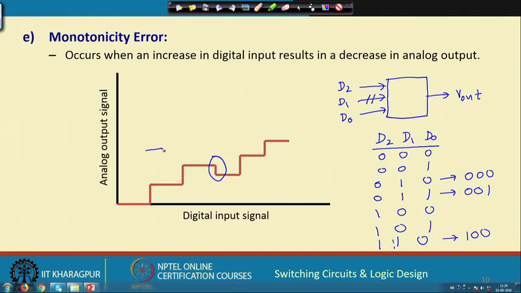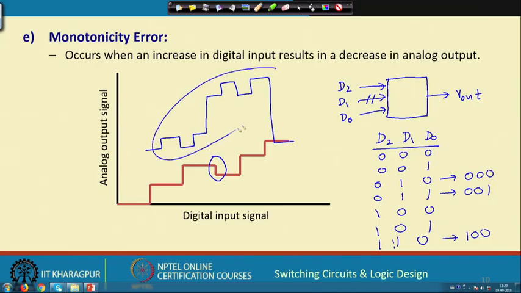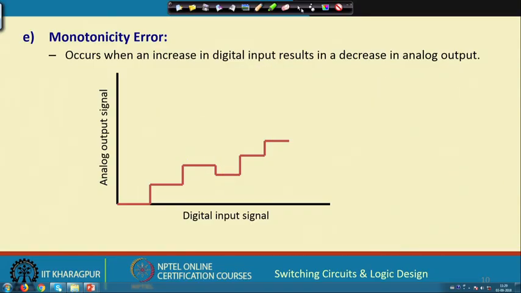There will be 0, 1, again 0, 1, then there will be a jump to 4, 5, again 4, 5, then back to 0. So, your waveform will be like this. You see, there is a monotonicity error, sometimes it is decreasing, and it can happen because of some error in connection, some wire might become open circuit.